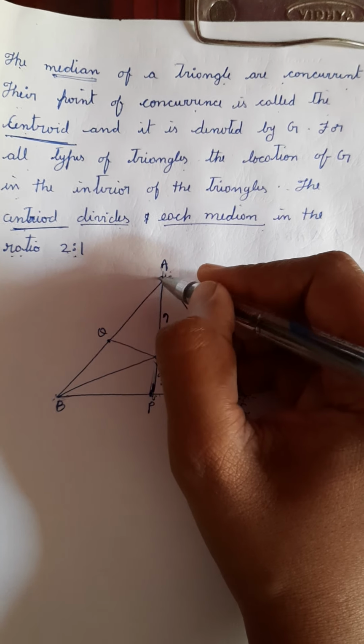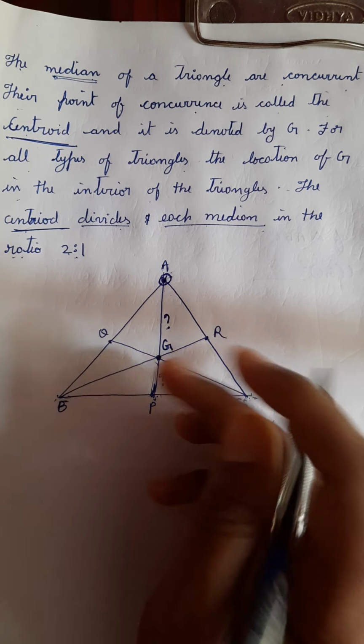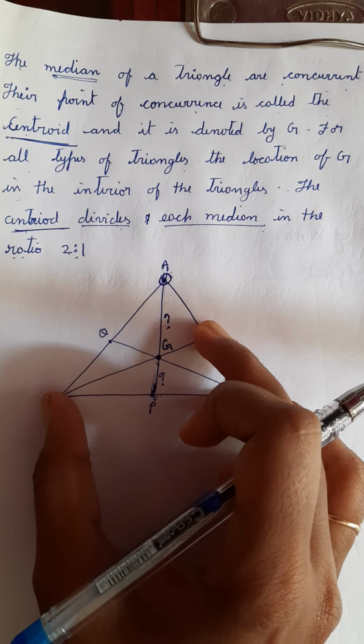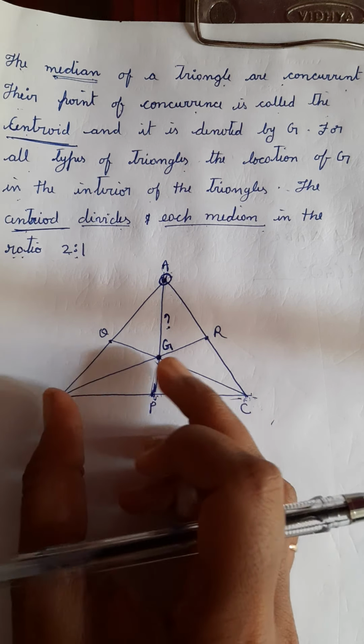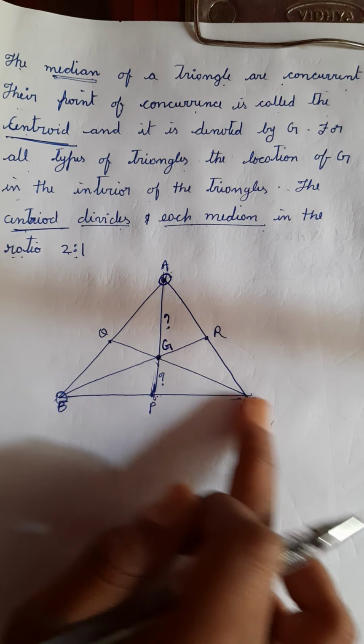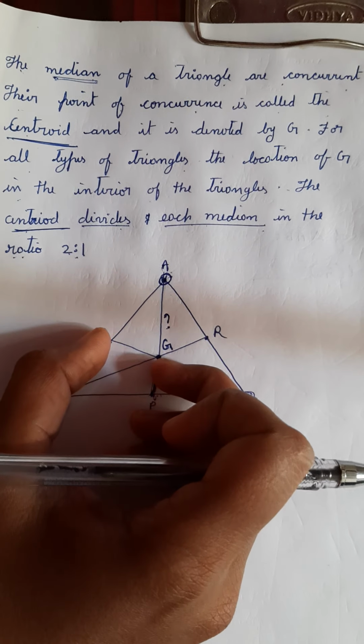G to A is the vertex side, and P is the midpoint of BC. So this part is bigger and this part is smaller. Similarly here, the vertex is B, so BG is the bigger part and GR is smaller. Similarly in this one, the vertex is C, so CG is bigger and QG is smaller.